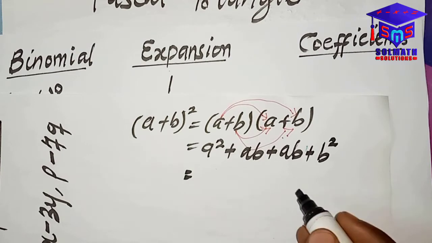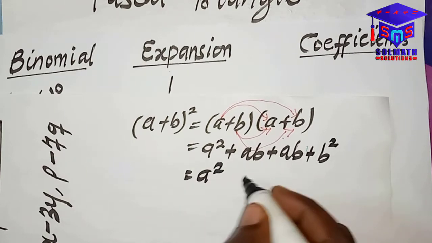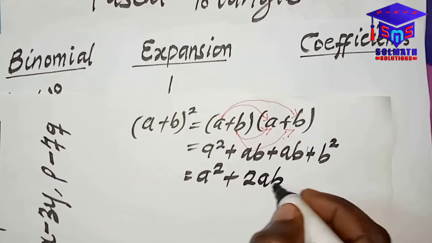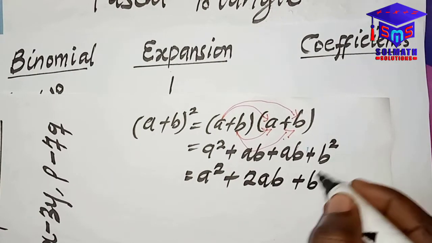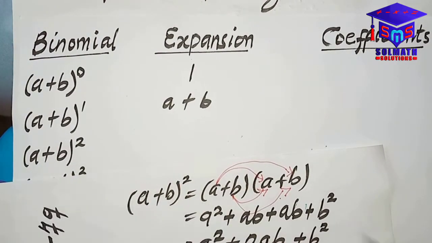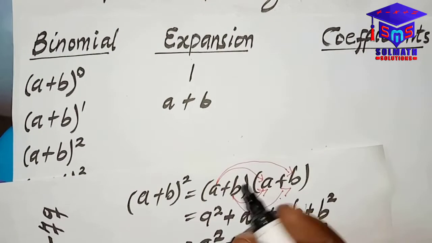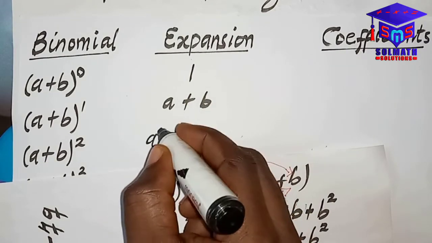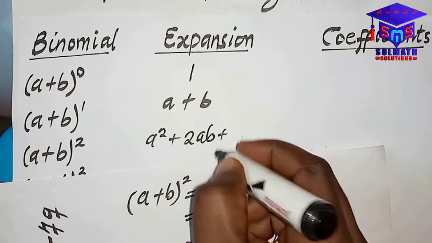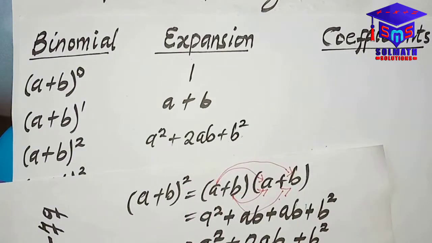So this is going to give us a squared plus, ab plus ab gives us 2ab, plus b squared. So the expansion of (a + b) squared is a squared plus 2ab plus b squared.